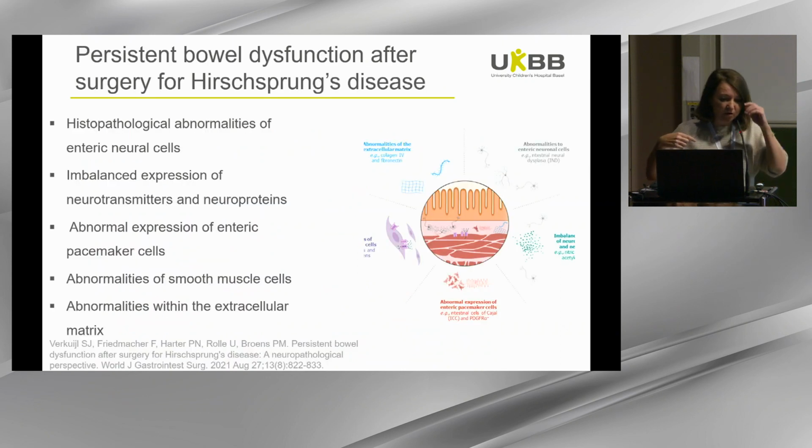Also, what I want to make sure that we are all aware of is that only because we have ganglion cells in the remaining rest of the colon doesn't mean we can expect a completely normal motility or function of this part of the colon. So we do know that there is an imbalanced expression of neurotransmitters, abnormalities of the smooth muscle cells, etc. So the remaining rest of the gastrointestinal tract does not have a normal motility.